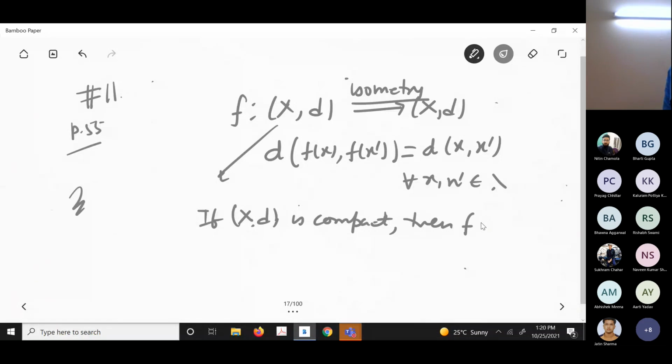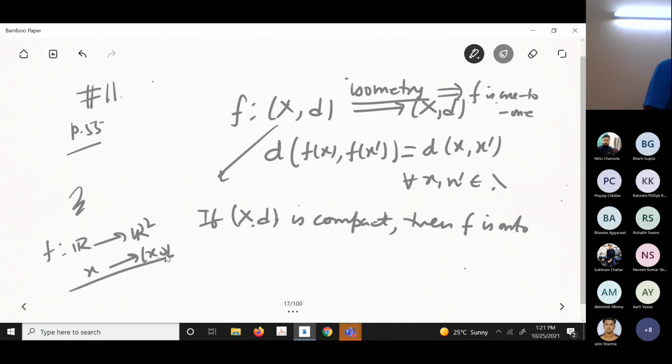Look, an isometry need not be onto. Isometry by definition will imply f is 1 to 1. Like from R to R square, look, if I give the usual distance, you take x comma 0. This is an isometry, but it is not onto. But he's saying if X is compact, then f has to be onto.